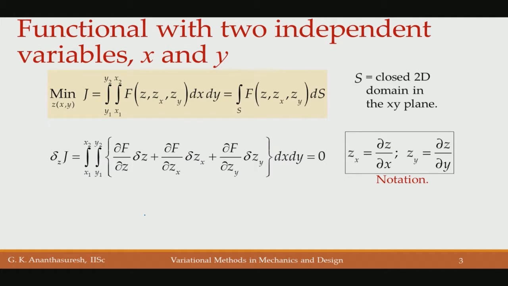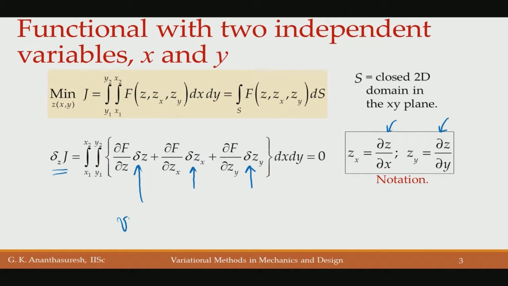Okay. So, just to recall, when we have the functional that depends on zx and zy, the notation is given here, z sub x, z sub y. We take the variation. I am just reminding you so that you can see how we do it when there are higher derivatives zxx, zyy, zxy. We take the Gateaux variation like this, equate to 0, and then we eliminate delta zx, delta zy, because delta z is the variation, right.